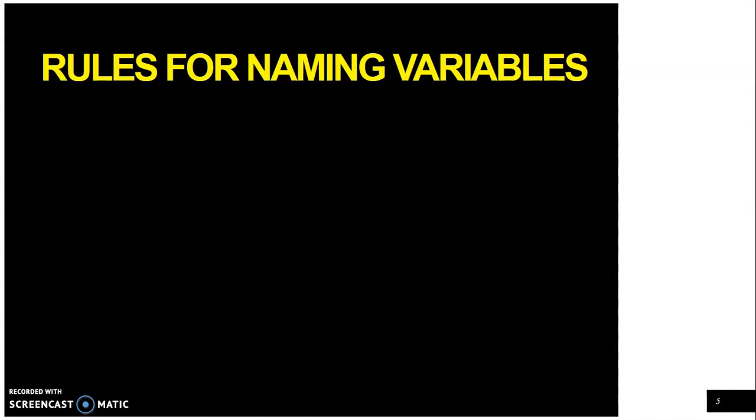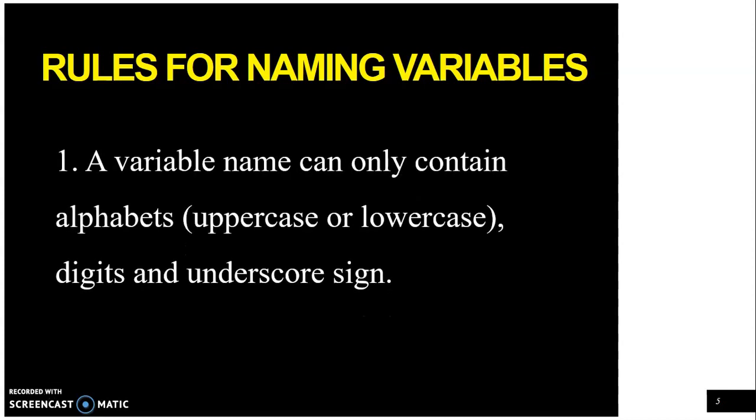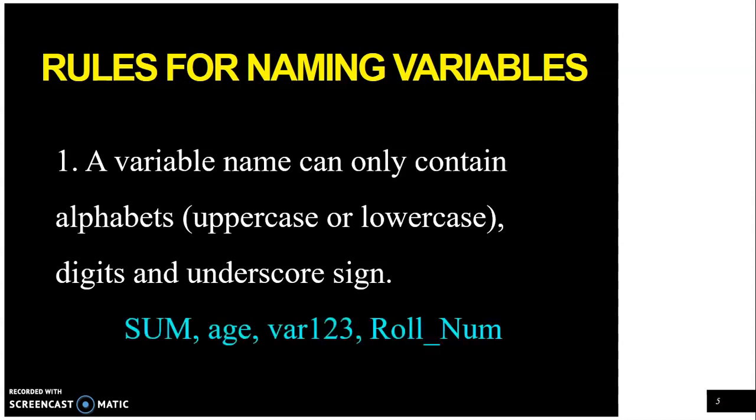If you want to name a variable, here are some rules. The first one: a variable name can only contain alphabets, uppercase or lowercase, digits, and the underscore sign. For example, capital, sum, age, var123, roll_number are all examples of variable names.